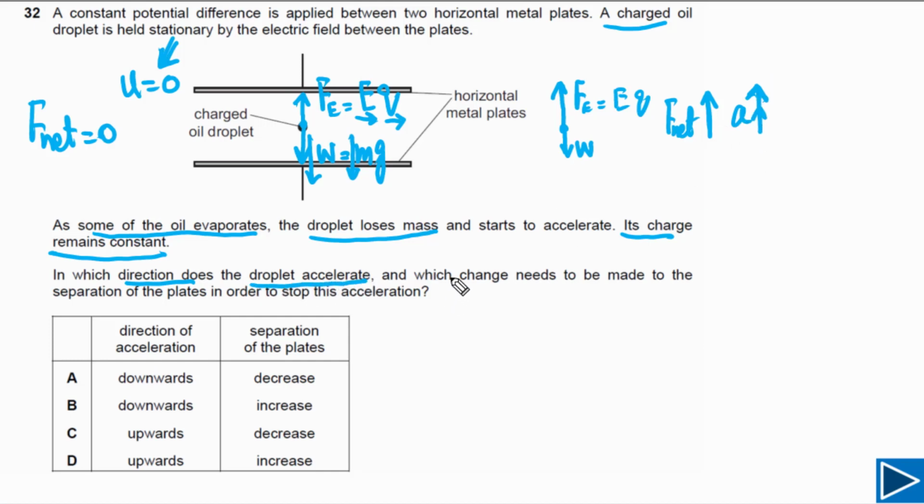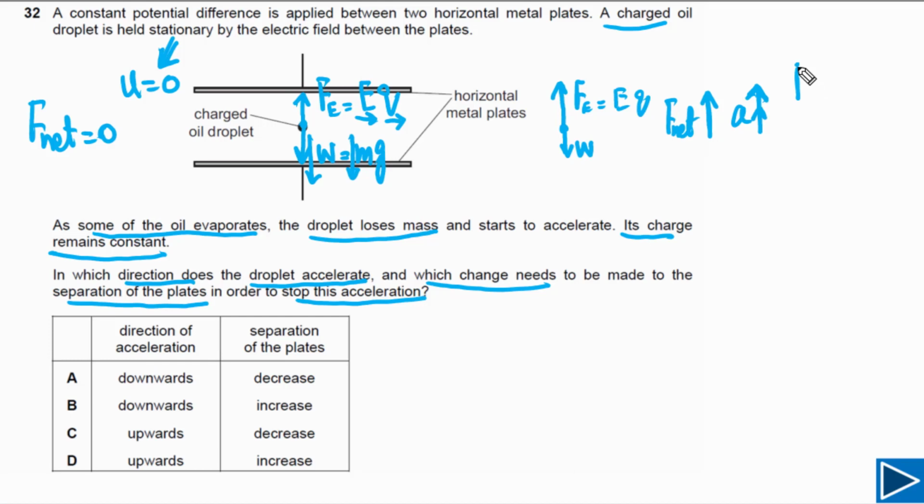Now let's move on to the second part. The question is asking which change needs to be made to the separation of the plates to stop this acceleration. We need to make the resultant force equal to 0.